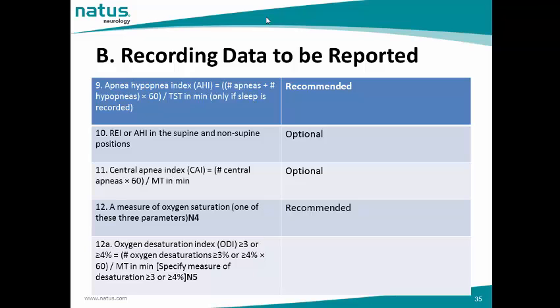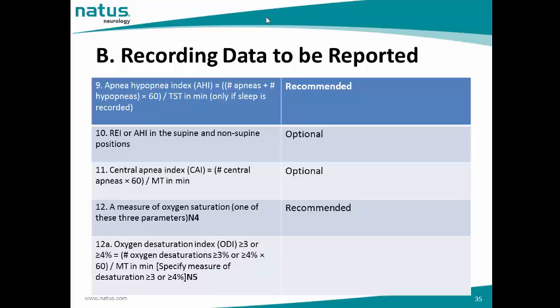REI or AHI in the supine and non-supine position is recommended. REI or AHI in the supine and non-supine positions is optional. Central apnea index is optional.